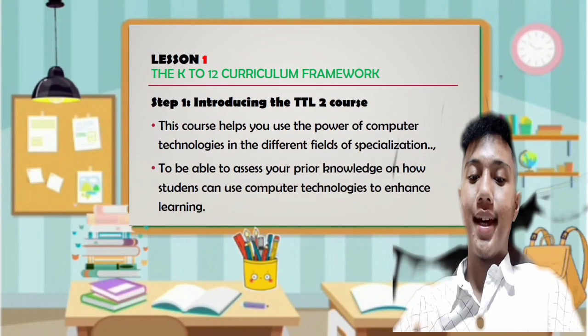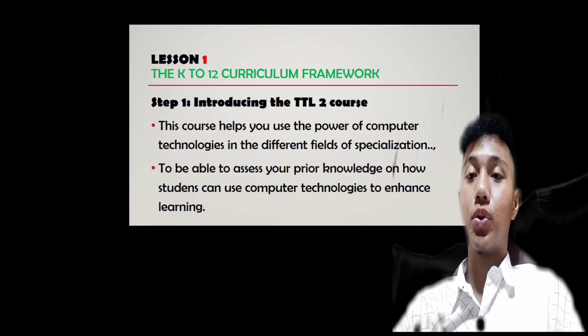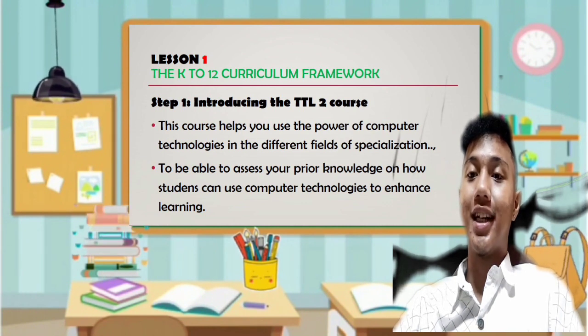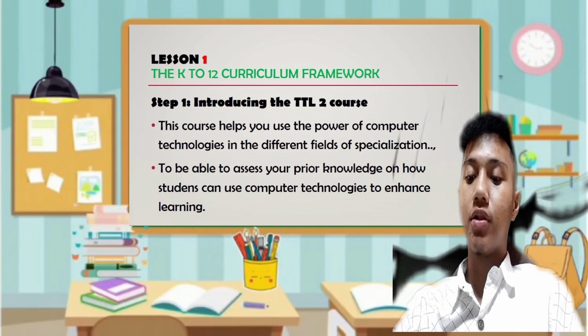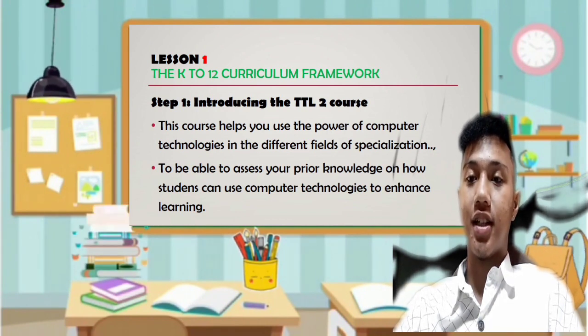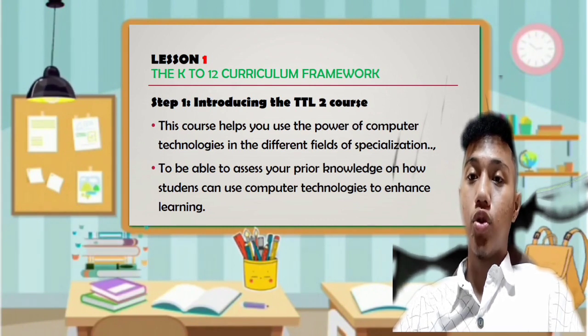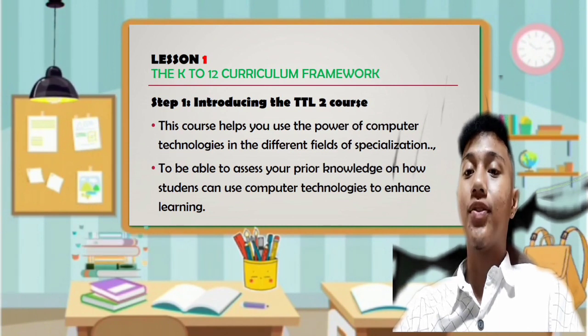Step 1. Introducing the Technology for Teaching and Learning 2 course. This course, Technology for Teaching and Learning 2, helps you use the power of computer technologies in the different fields of specialization to ignite students' imagination, to move, motivate, and support them toward meaningful learning.